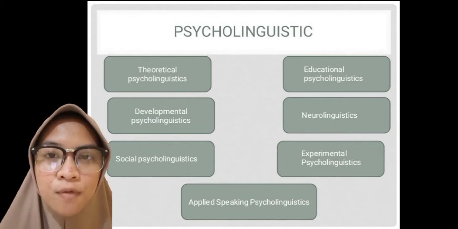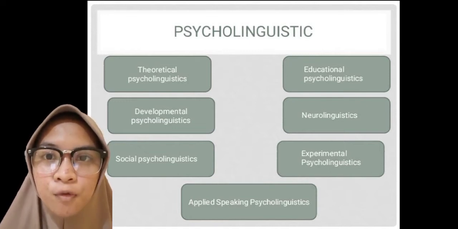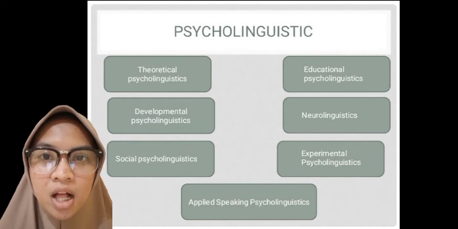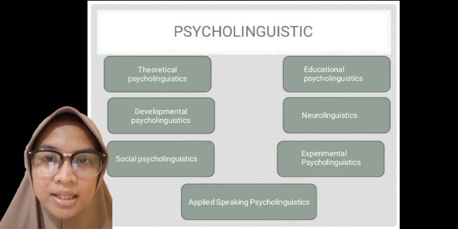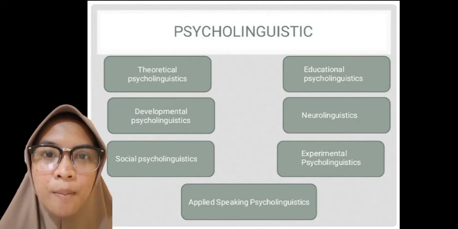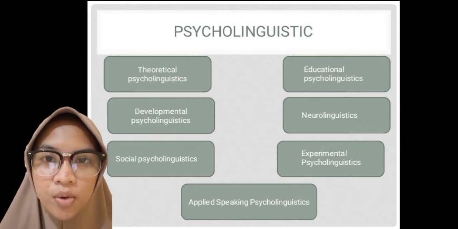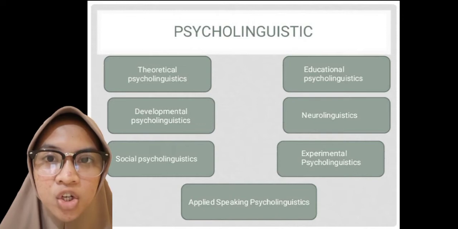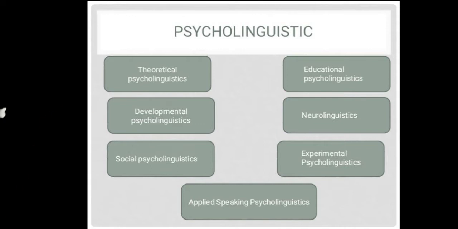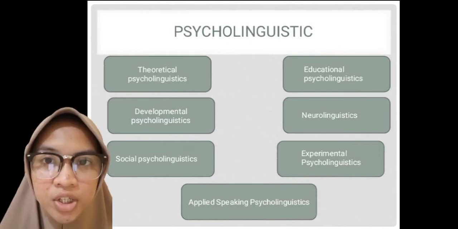And the branches of psycholinguistics: first, theoretical psycholinguistics examines matters relating to language theory, for example, the nature of language, the characteristics of human language, and theory of competence and performance. Developmental psycholinguistics talks about language acquisition, both first and second language acquisition.